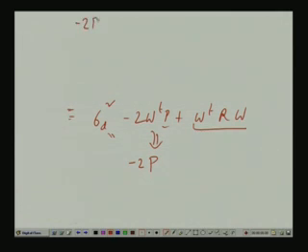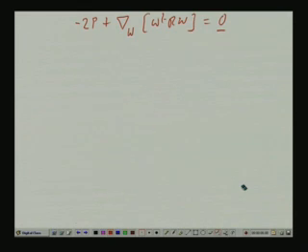We have got minus 2p plus this del w of this quantity w transpose R w, this must be equal to 0 vector. Okay, sigma d square I am forgetting because it is already giving rise to zeros. Okay. So, w transpose R w, and R is a symmetric matrix.